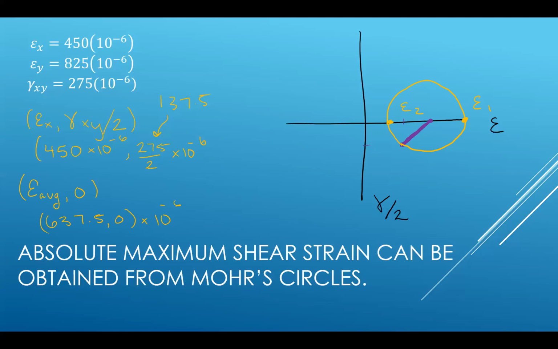And then my out-of-plane circles are going to connect each of those principal strains to 0. Those should both pass through 0. Therefore, my absolute maximum strain is going to be this radius here. So I need to figure out the strain 1, and then from that I can figure out the absolute maximum shear strain.